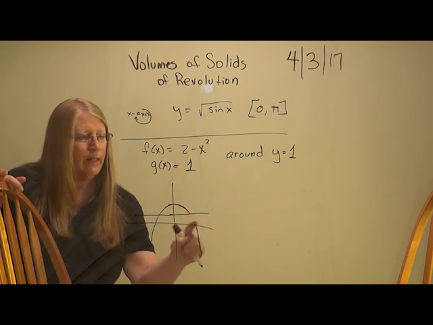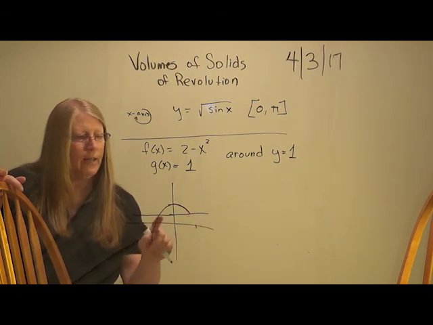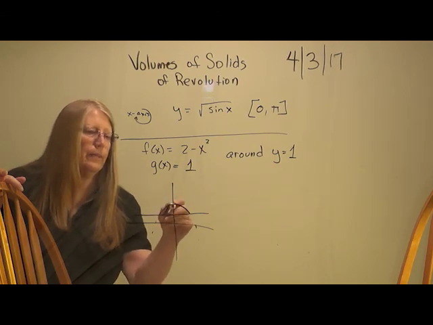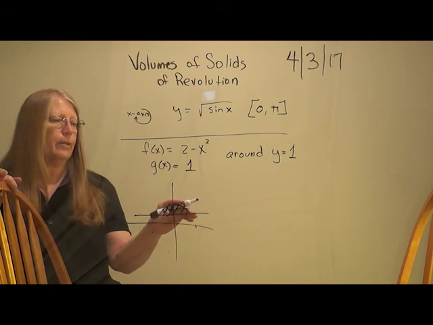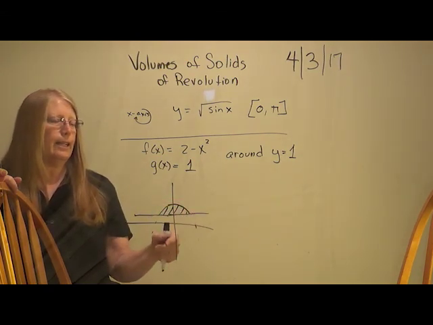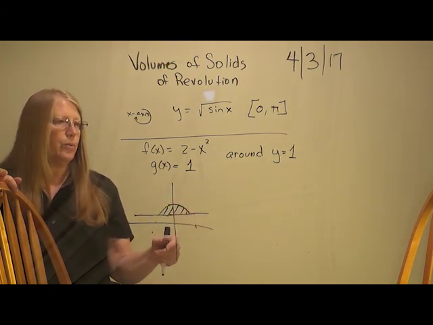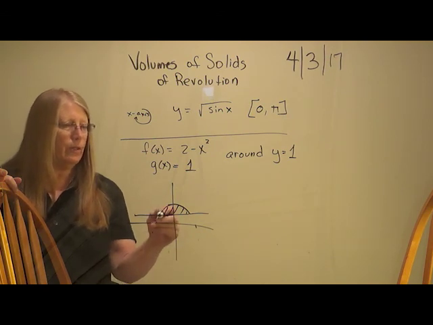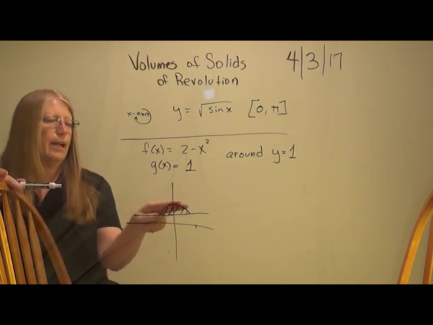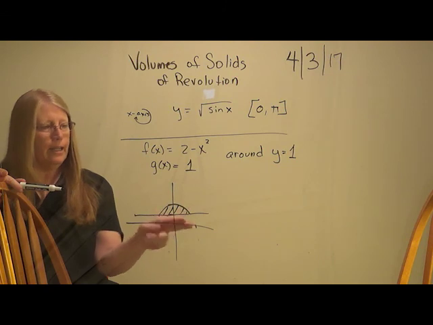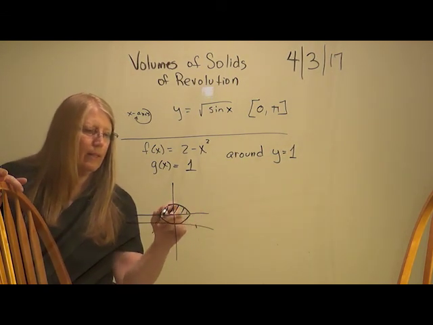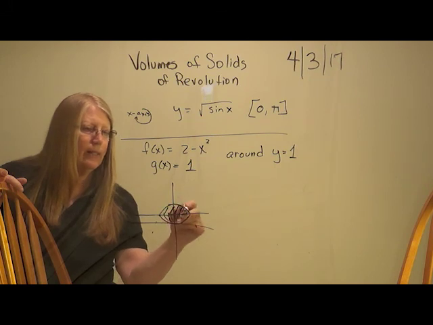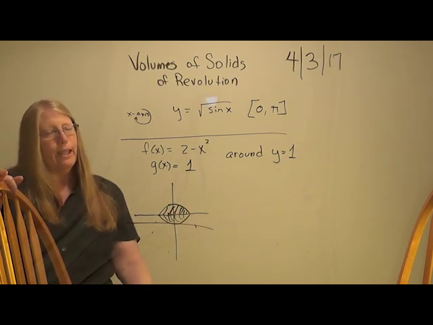Let me get rid of these extra lines. We want the area that's bounded between those 2 curves. Alright, so we're going to take that and revolve it around that line, y equals 1. So it's going to come out along that line and go back into the board in a 3D manner. So it looks like we have another lemon.